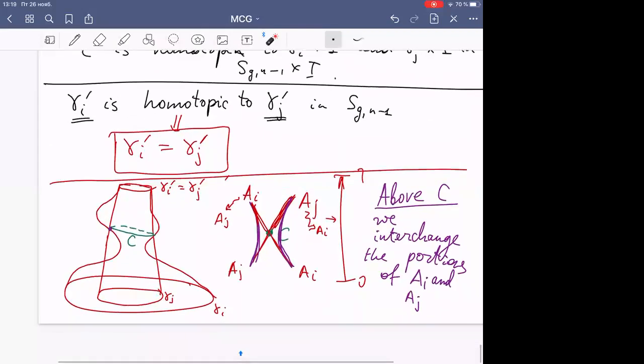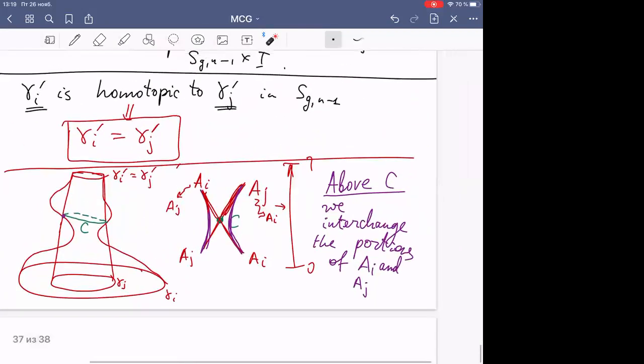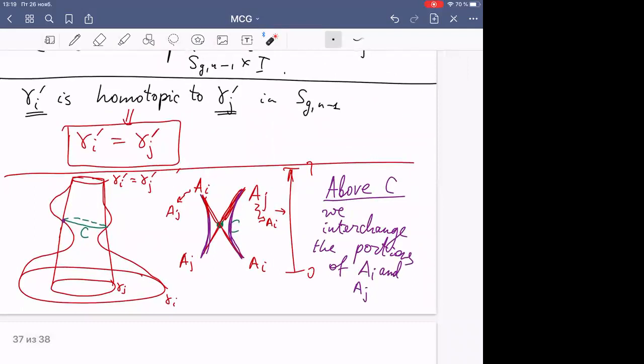Look, okay, we always can do this, and of course we decreased the complexity of the pair IJ.